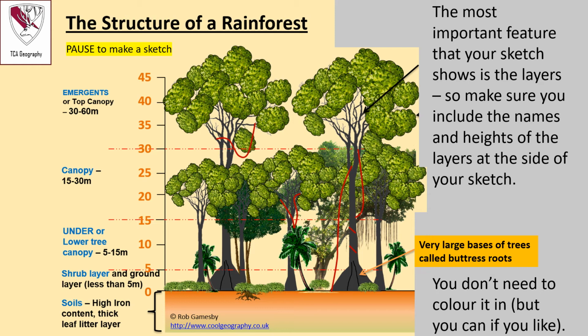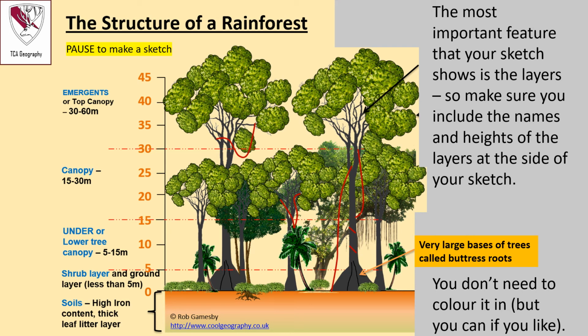If one of these emergent trees were to die and fall over or be cut down, then it would suddenly create a space where lots of light could reach the under canopy and the shrub layer, and there would be a very rapid growth of plants and young trees in this area as quick as they could to reach for light before a new canopy in that area was formed, blocking out the light. So it's very dark down by the shrub layer.